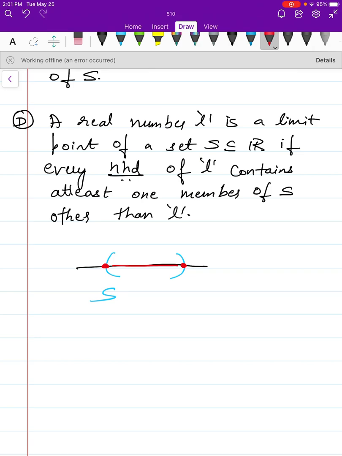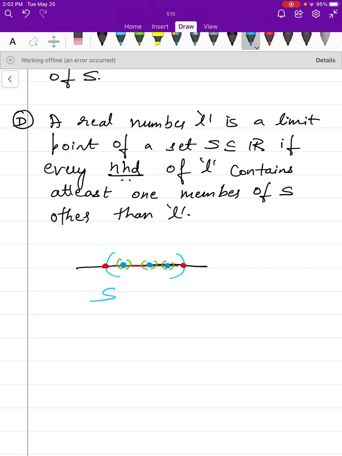How do I say that? If I try to draw open intervals around any of the numbers inside S, however small, I will include some elements of S other than that point. That point can be these blue dots inside the open intervals. However small the green open intervals I draw around it, I will definitely have at least one point of S other than that blue point, right?